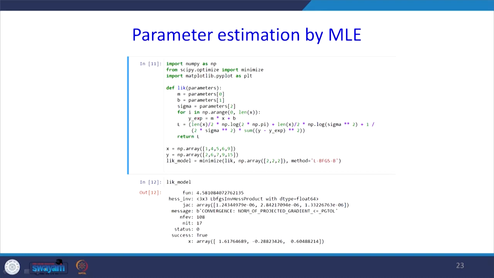For I in NP.arange 0 to all the values of x, we find the expected y value, which is mx plus b. Then this term is for estimating the log likelihood.